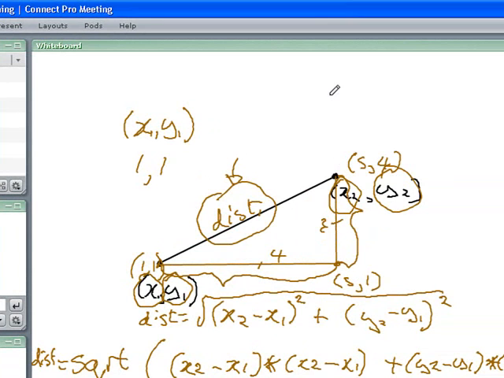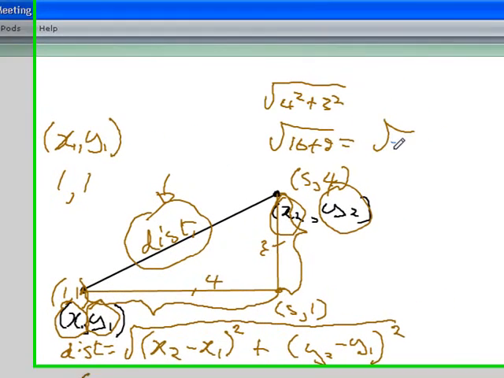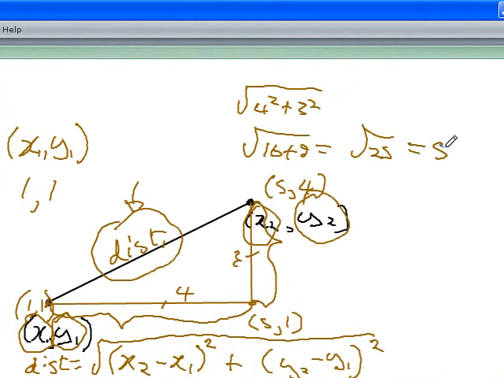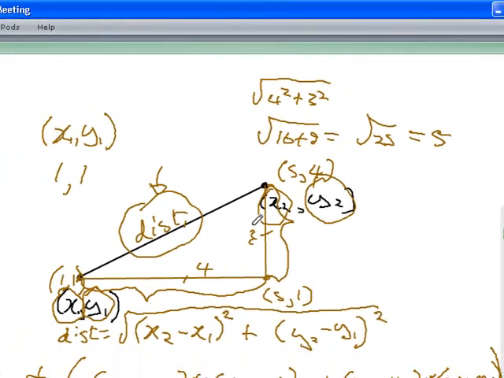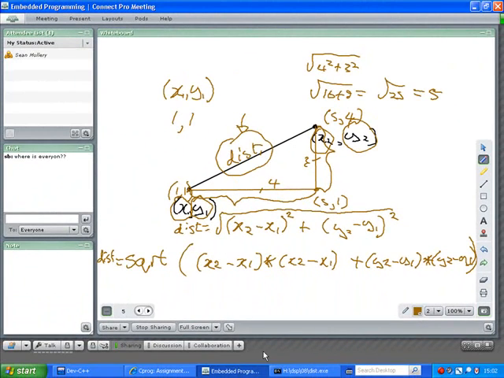The reason I'm doing that is that it's a Pythagorean triple. What will happen is we go 4 squared plus 3 squared, which is 16 plus 9, which is the square root of 25, so the answer should be 5. So when I do something like that, it means I know that my distance should come out as the value of 5.